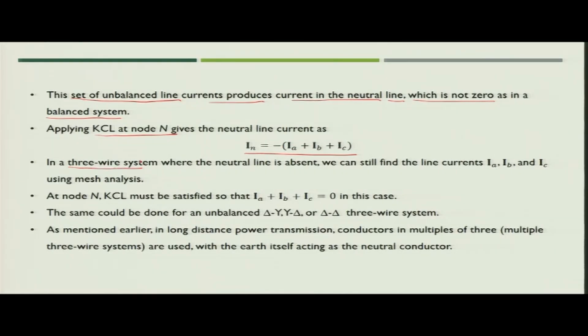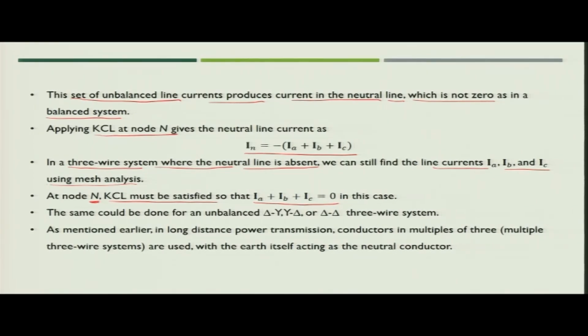In case of a 3-wire system, that means the neutral line is absent, we can still find the line currents Ia, Ib, Ic using mesh analysis. But when the neutral line is absent, at node n KCL will still hold, that means Ia plus Ib plus Ic will be 0.